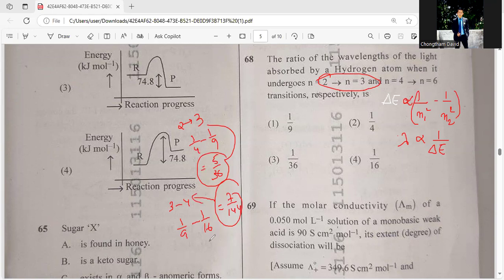And for 4 to 6, it would be 1 by 16 minus 1 by 36 equals 5 by 144. So the respective wavelengths would become 36 by 5, 144 by 7, and 144 by 5. So normalize this and you'll be getting 1:20 by 7:4. So option will be 1 by 4.